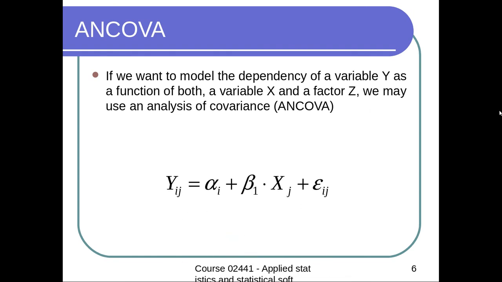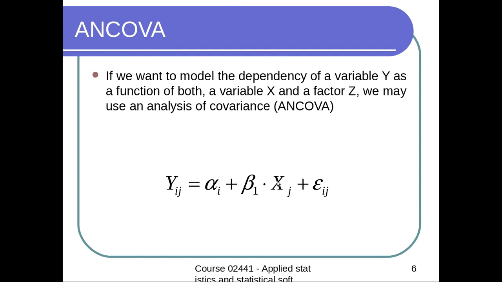So what it looks like is something like this. There's one slope, but the i group gives us the alpha here, so the intercept differs for the different groups. That's the same slope. And then there is the continuous variable.